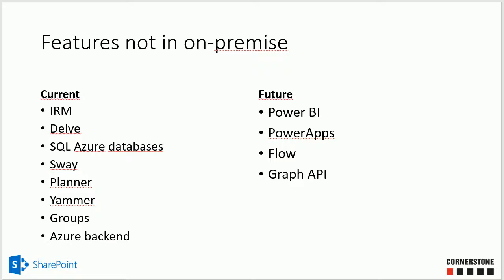So you can have some features that are online and some that are on premise, and you can mix your SharePoint installation to have the best of both worlds. So I'm saying that these are features that are not on premise. That's not entirely true, but these are features that are difficult or impossible to get in on premise.